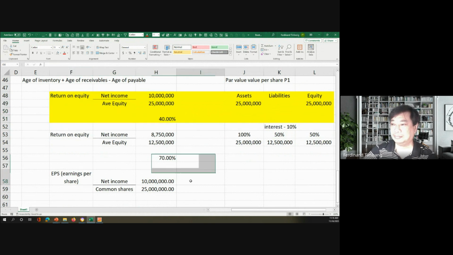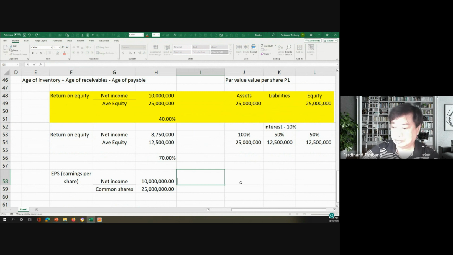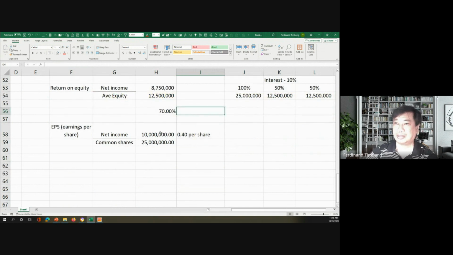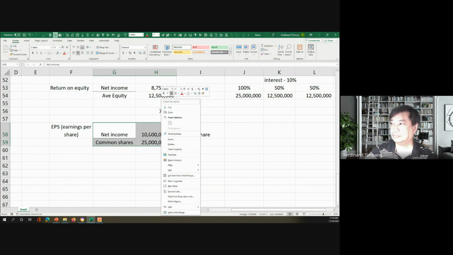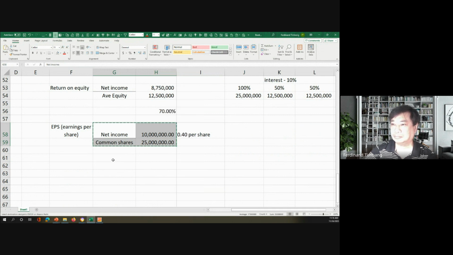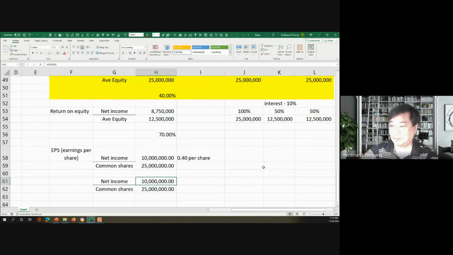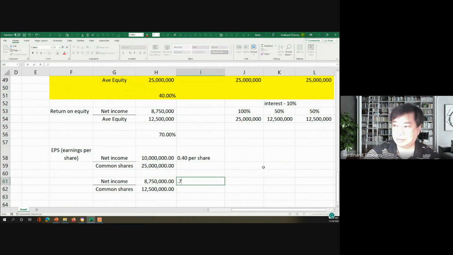Ang makukuha natin is 0.40 per share. Okay? Pero dito, dahil siya ay 8,750,000, kung sa 12,500,000 shares, makikita natin doon ay 0.70 per share.